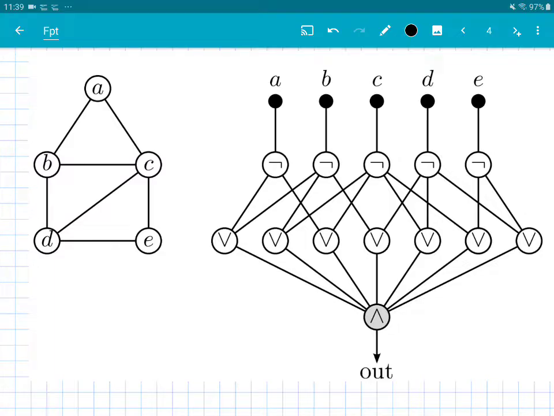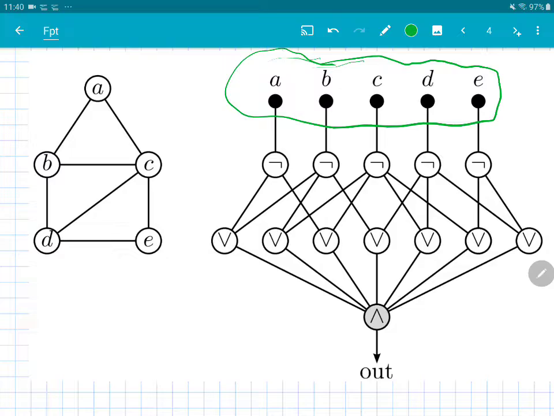So what you do is you're going to have n inputs, where the n inputs are just, for every vertex in the graph, a boolean input, which is whether or not we take it for the independent set. And then for every edge, we're going to have an OR gate, right? It's a bit confusing, but the OR gate is going to be the following. We take the two corresponding vertices, we take their negation, and we take their OR, right?